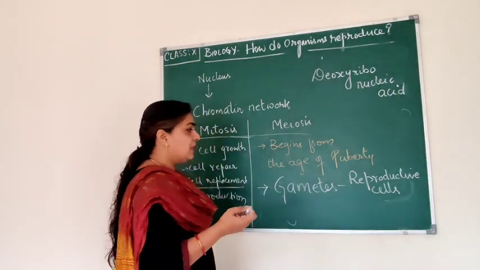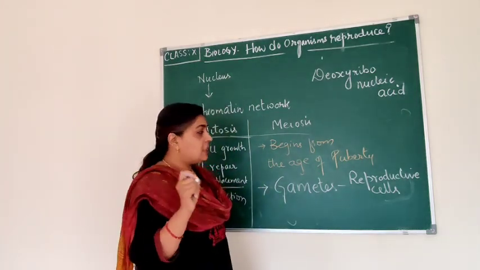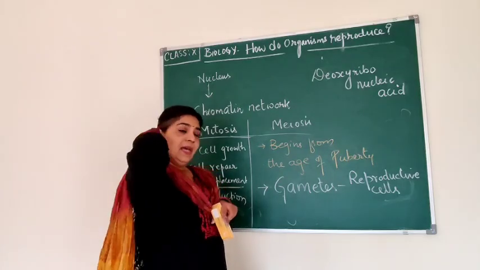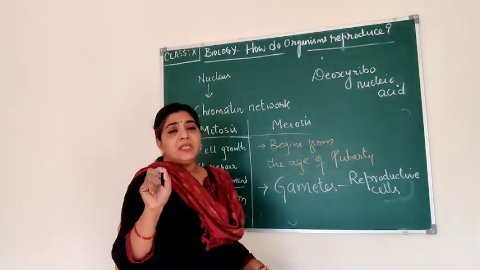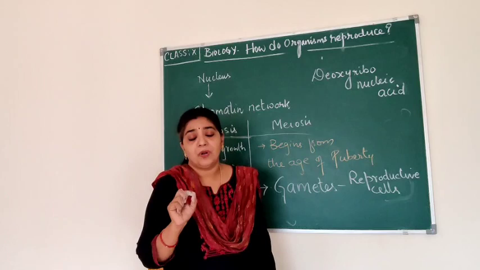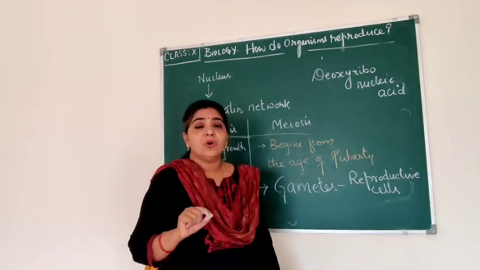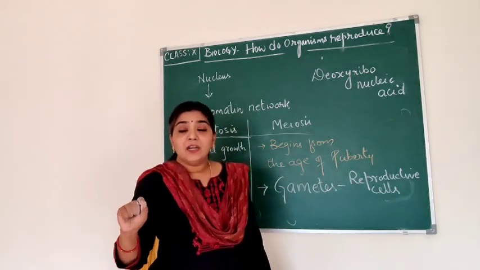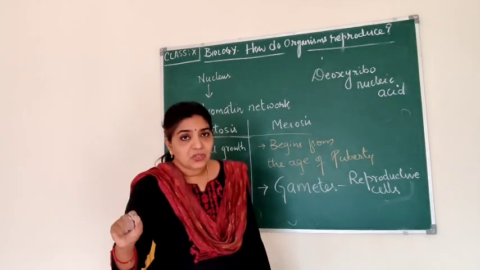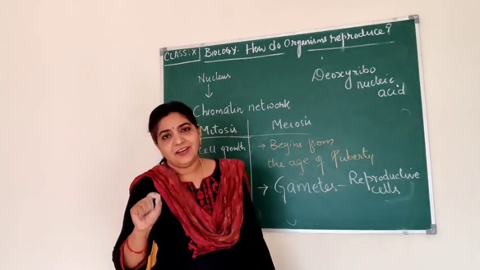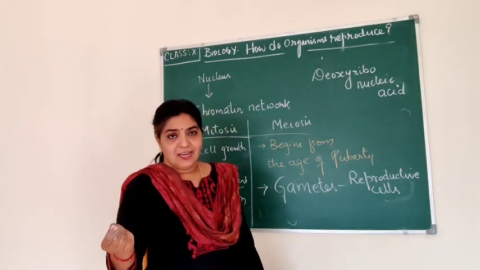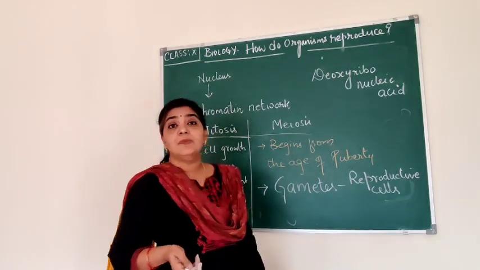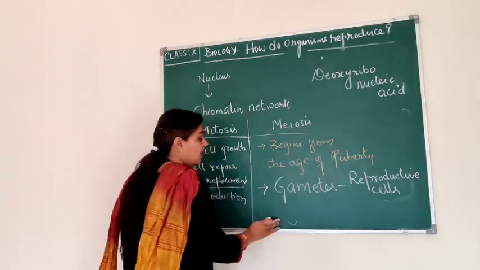Okay, in higher plants and higher animals, we see the formation of gametes, or we can say gamete production is seen in those organisms which undergo sexual reproduction. That is where meiosis cell division helps in the formation of gametes, right?